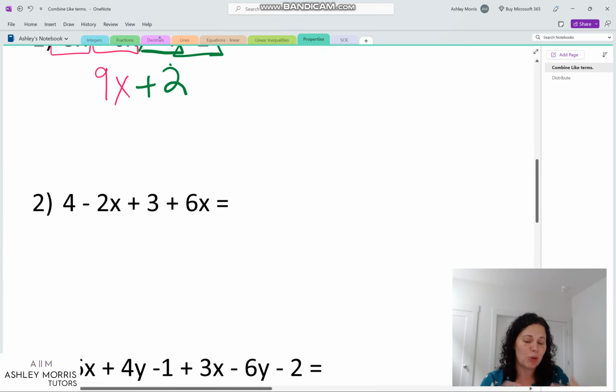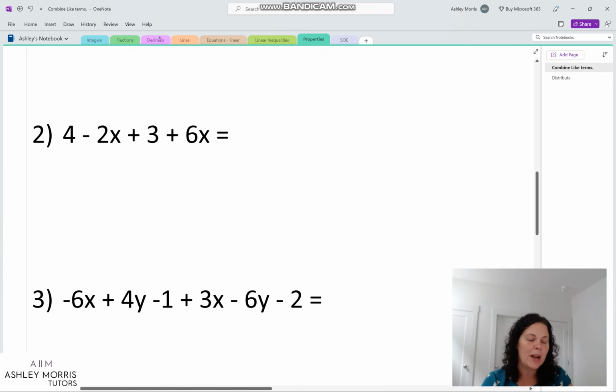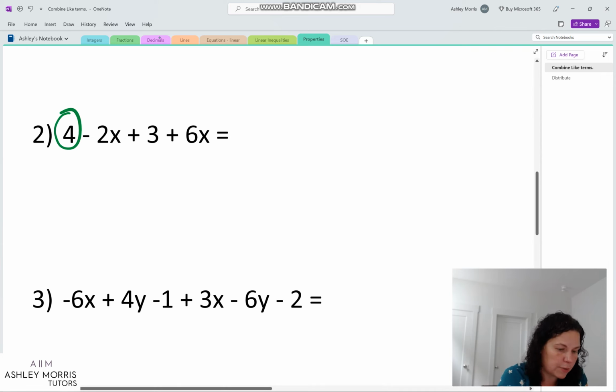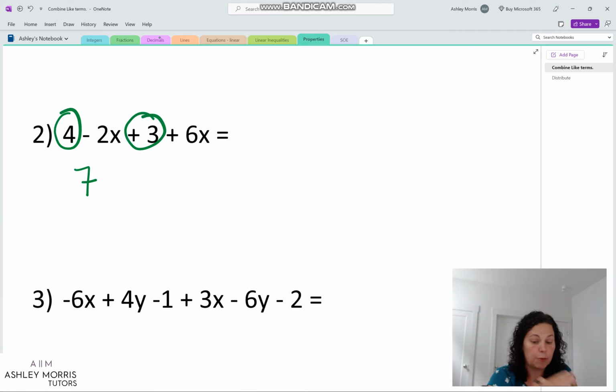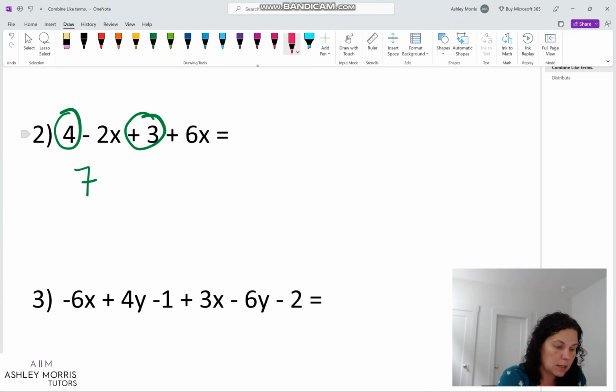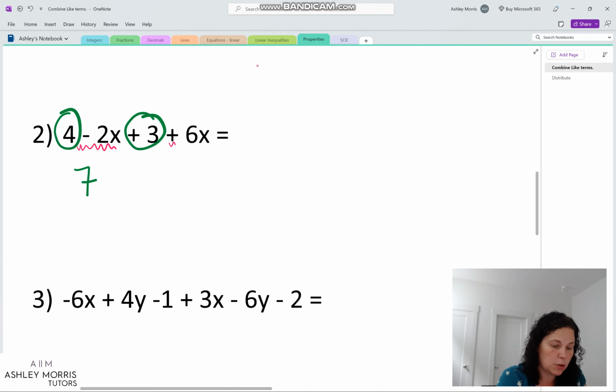Okay, but what if they're not right next to each other? We're actually going to use something called the commutative property that lets you rearrange, but you don't actually have to show the rearranging. You can just pick what you need. So we're going to do a circle around this 4 plus 3, and that's going to give me 7. Positive 4 plus 3. And then we're going to get this negative 2 plus 6.